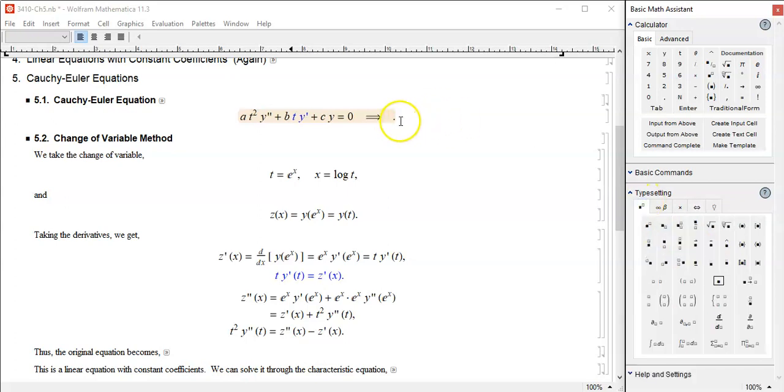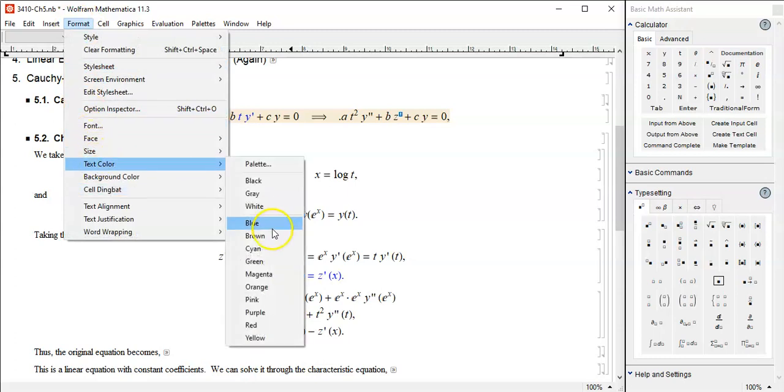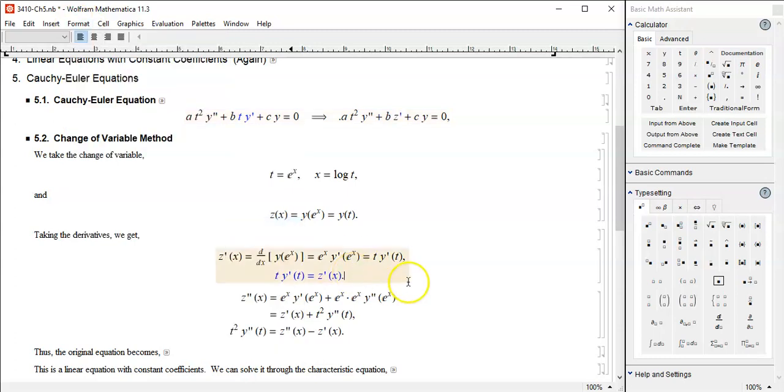That's what this computation accomplished. Just a chain rule.